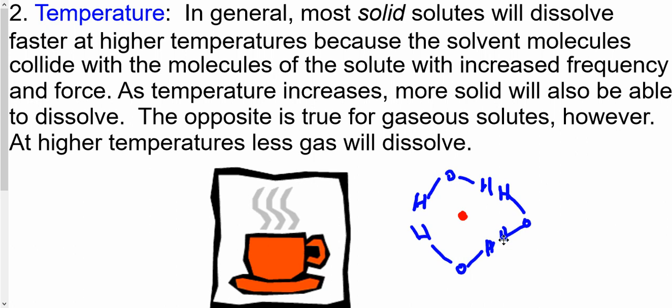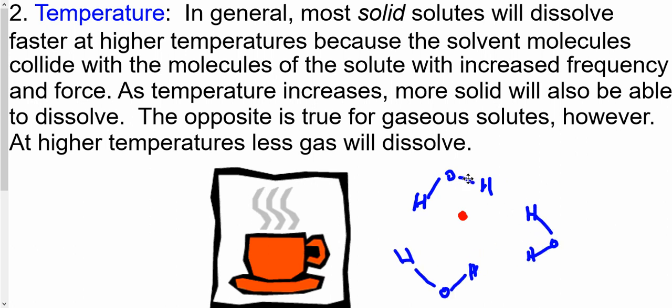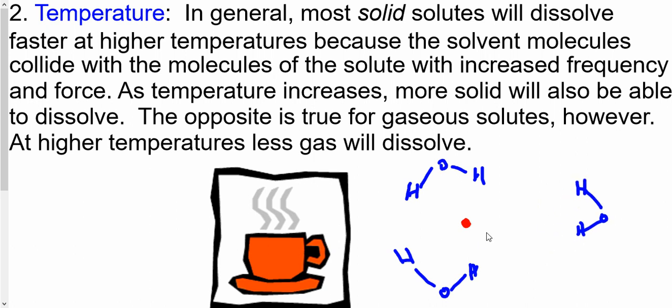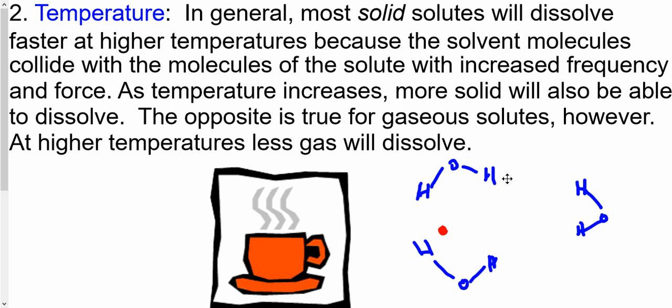As I heat the water up, though, the water molecules will start to spread apart. Now, we might imagine that this solid molecule could try to escape, but what we notice is that the water can still move faster than the solid can because liquids have more kinetic energy than solids do. So now it might only take 2 water molecules to keep this solid caged, and so we have more water molecules available to dissolve other solids.